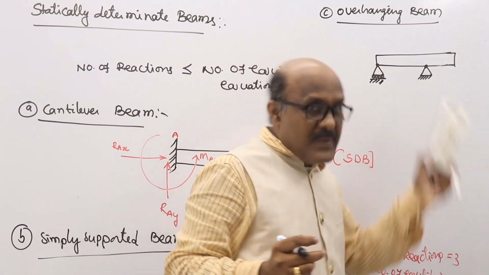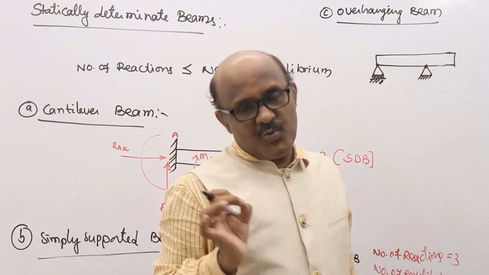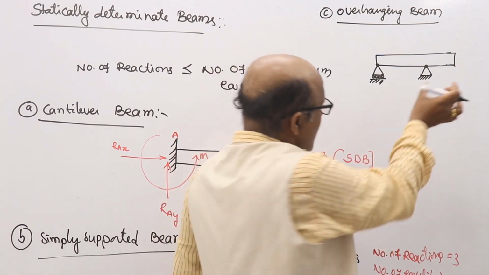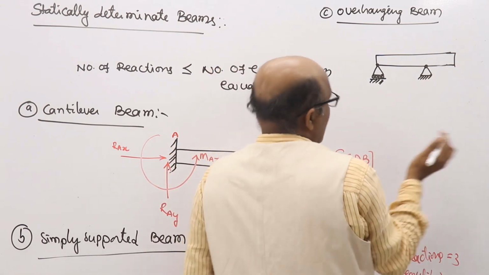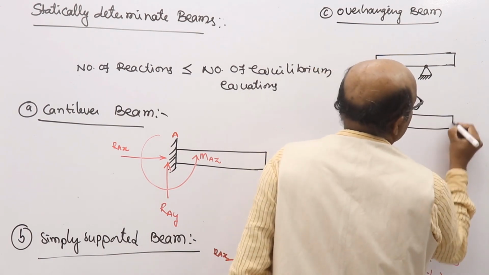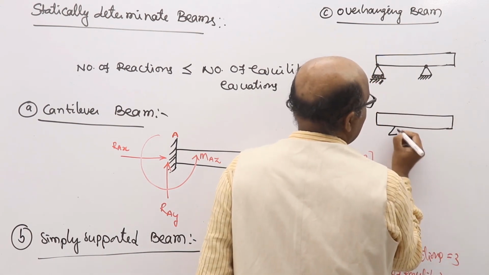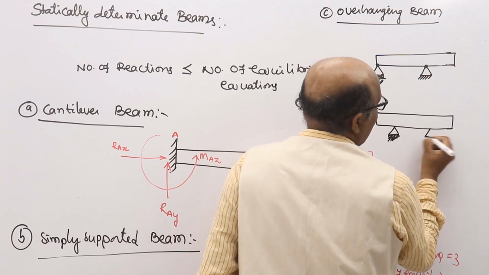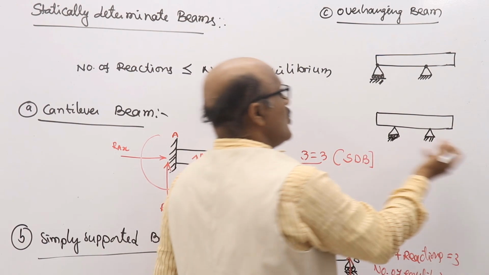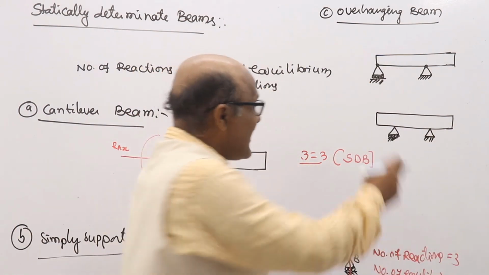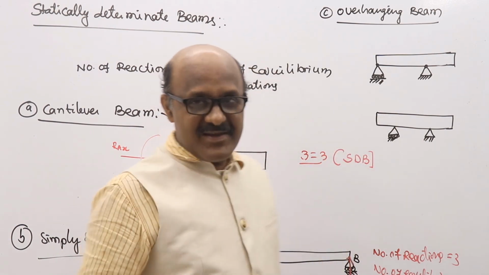So this type of beam is called a single side overhanging beam, because it overhangs only on one side. Suppose here there is another beam, with one support here and another support here. The 2 supports are away from the end points. This is a double overhanging beam, my dear students.